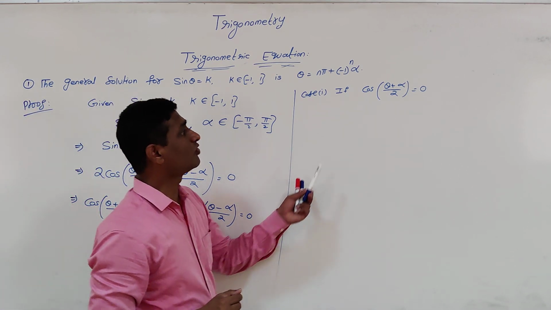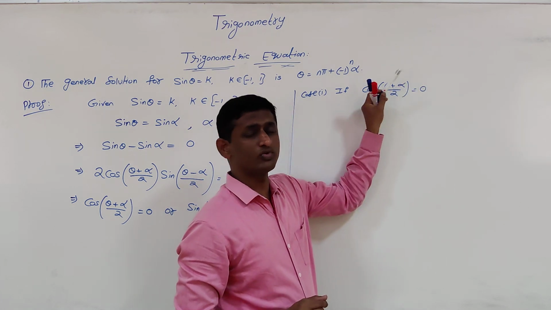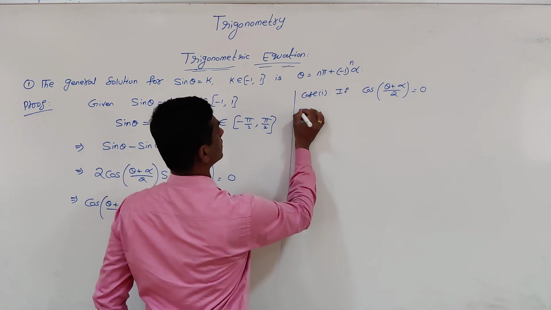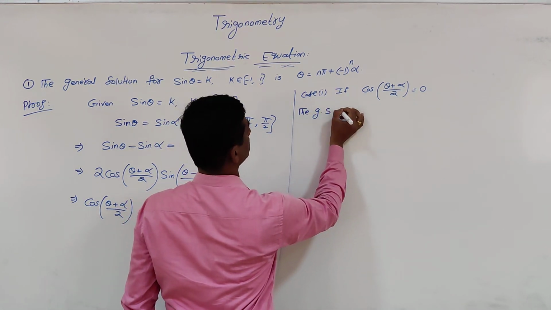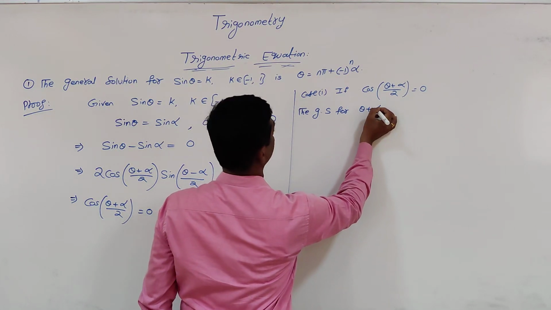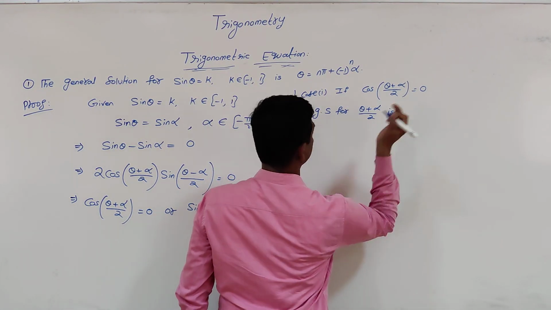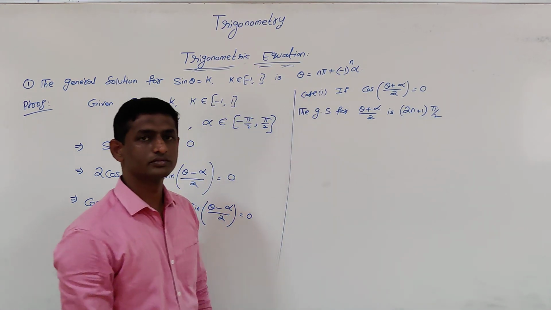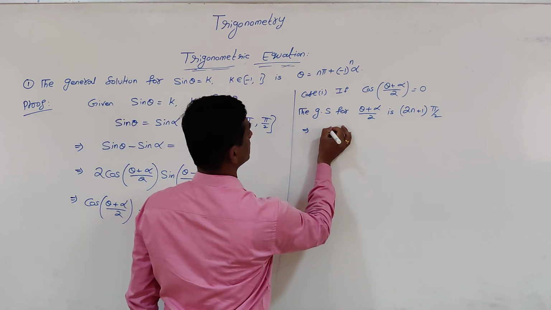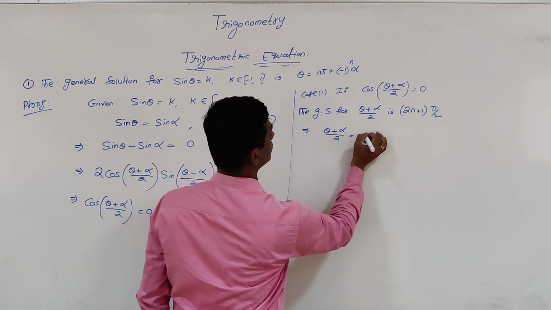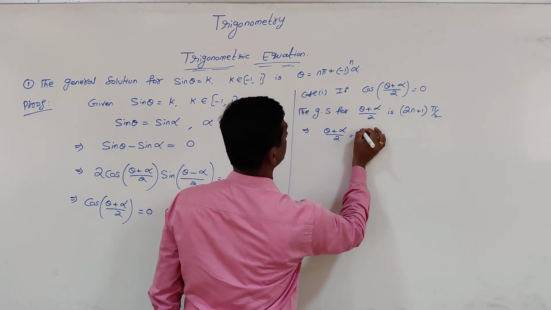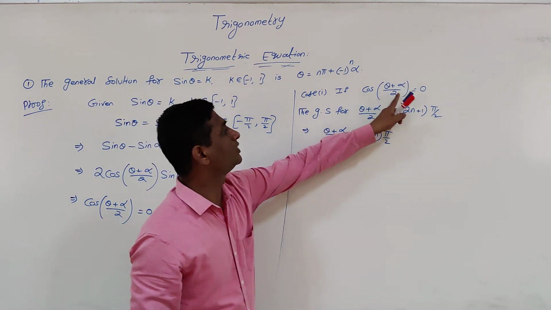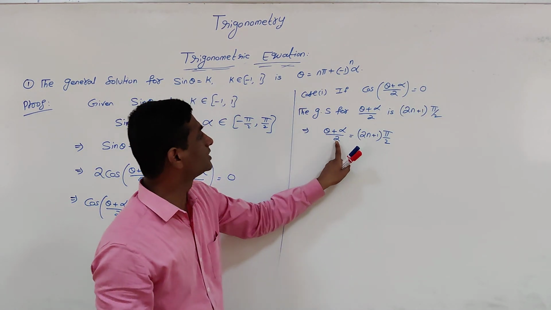But here we have to find the general solution for the angle (theta plus alpha) by 2. Meaning (theta plus alpha) by 2 is equal to (2n plus 1) times pi by 2. For whatever odd multiples of pi by 2, this equation becomes 0. So this is the general solution.